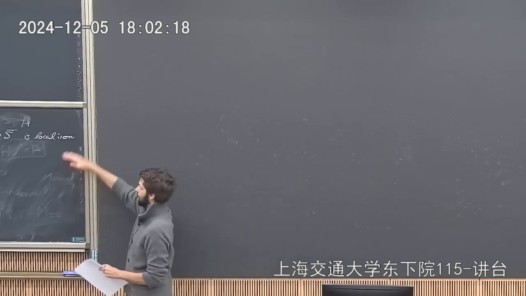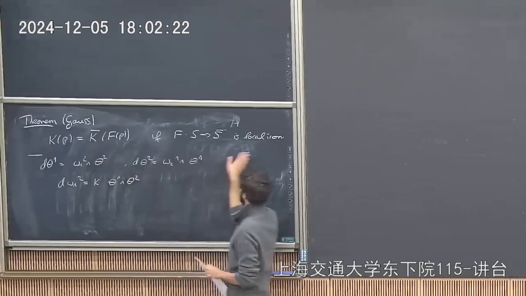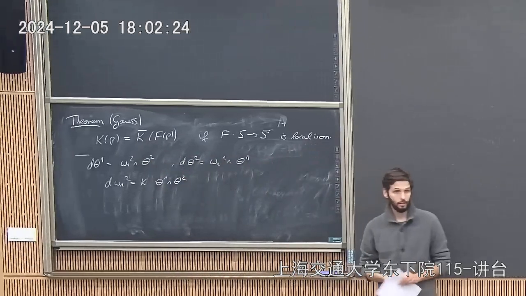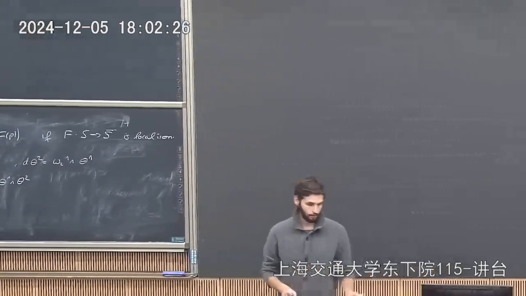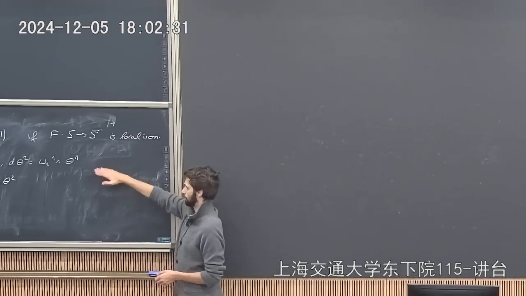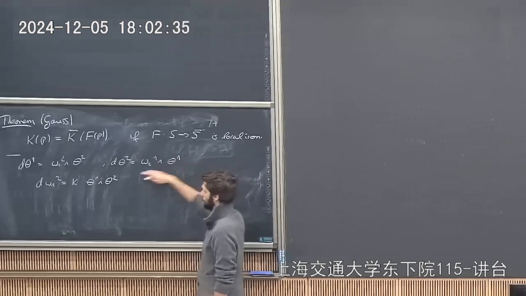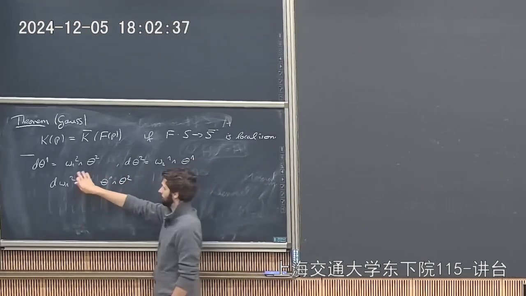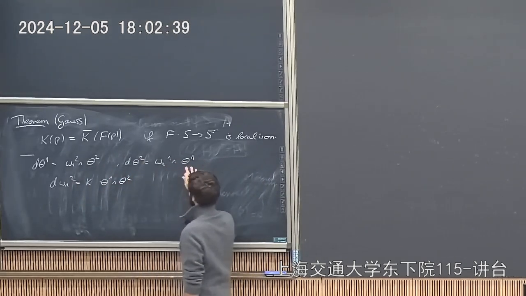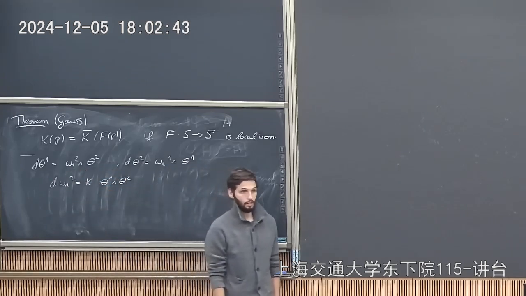So the theorem of Gauss says that the Gaussian curvature is invariant under local isometries. And the main idea of the proof is to make use of these equations that we always see. The first ones are the first structure equations, which relate the dual frame, the thetas, to the connection form.